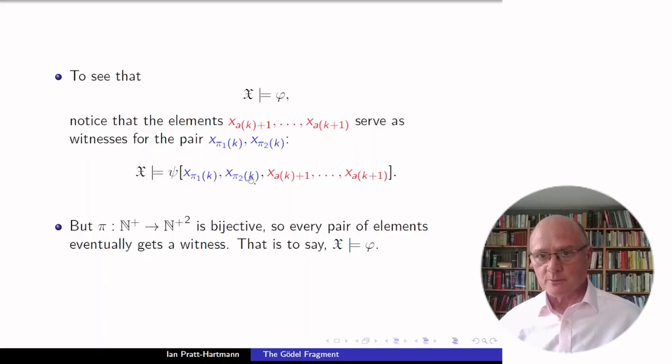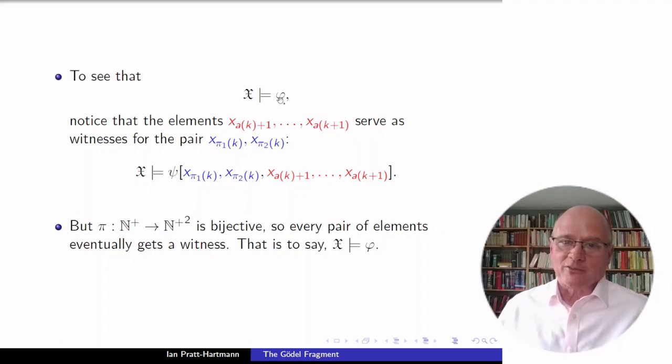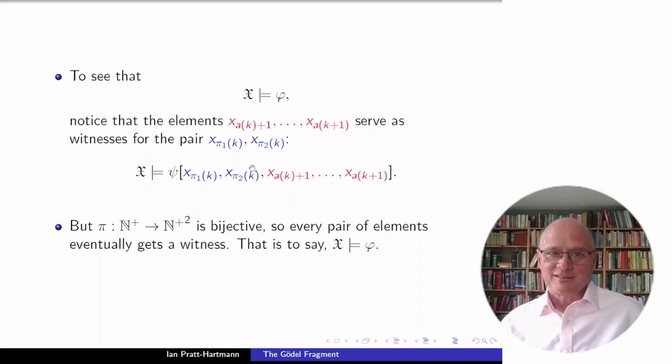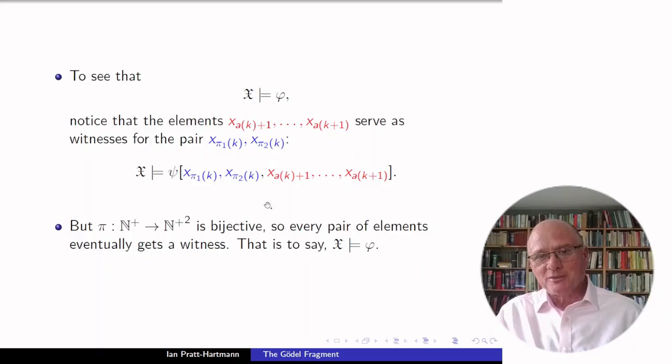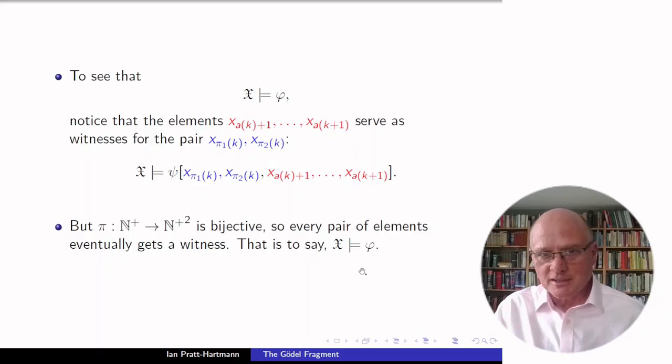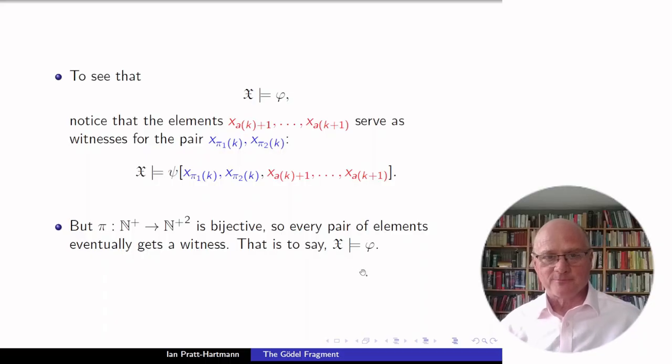In other words, everything got witnesses. So because everything got witnesses, phi, which just says that any pair of objects has to have some witnesses satisfying psi, will be true. So we have now constructed a model of phi on the assumption that phi has a certificate.